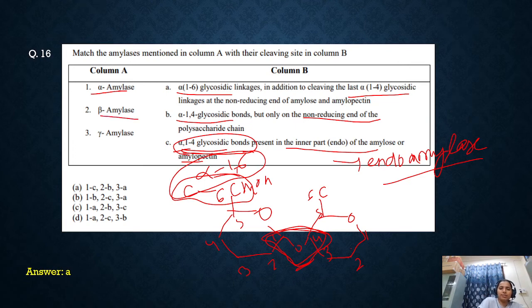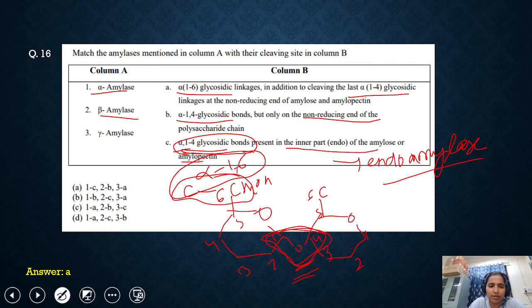Then beta amylase works similarly. It also breaks the alpha 1,4 glycosidic bond, but only at the non-reducing end of the polysaccharide chain, meaning the bond it will break is on the non-reducing side. Suppose this is the chain.